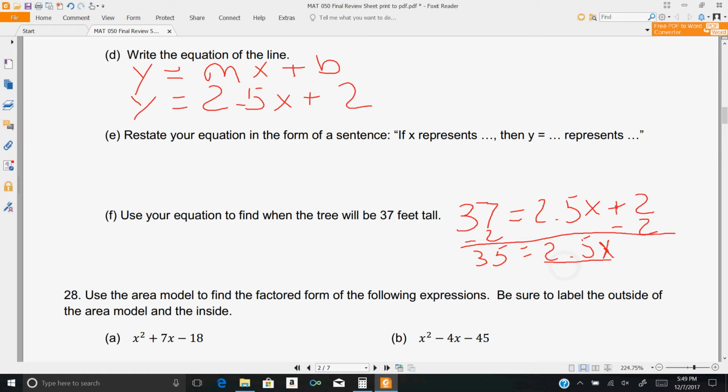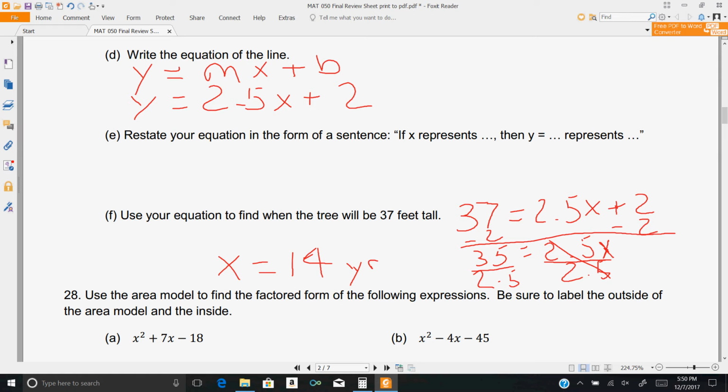I'm going to divide that by 2.5 to see what x is. And since it's an equation, I can divide both sides by 2.5. So I get x equals 35 divided by 2.5. And I come back over here and say x equals 14 years.